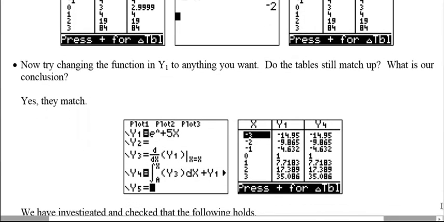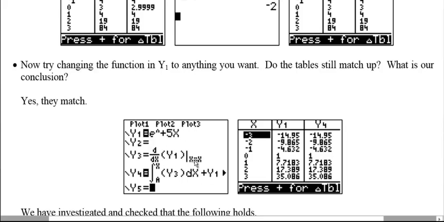Well, here I did it with another one myself. I did e to the power x plus 5x. I could find the derivative and use it instead of y3. Actually, it's not hard to do. It's just e to the x plus 5. But regardless, I can use the numerical derivative here and not even have to worry about the formulas. So I have e to the x plus 5x.